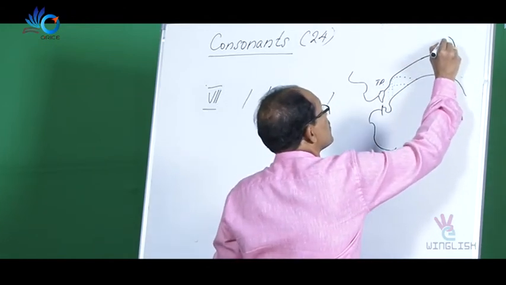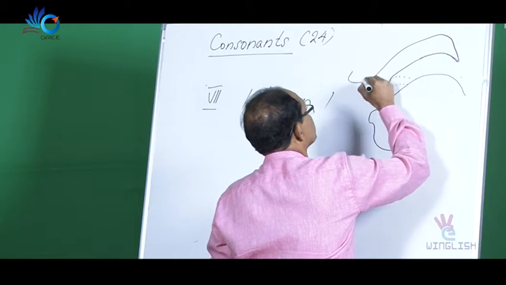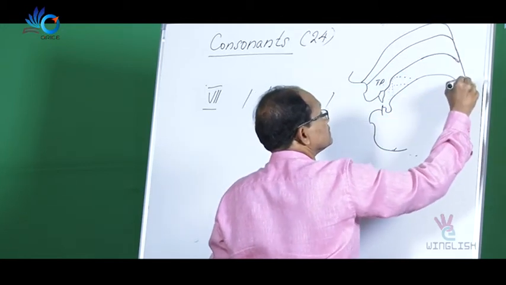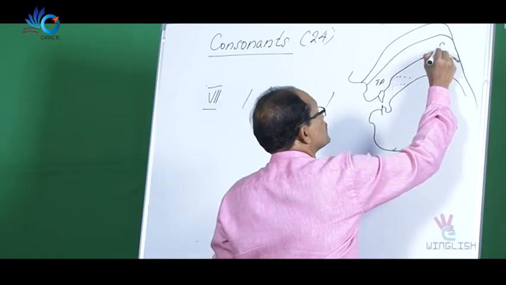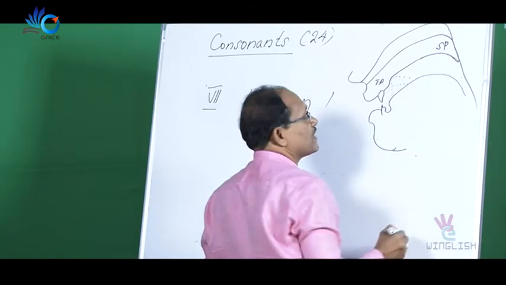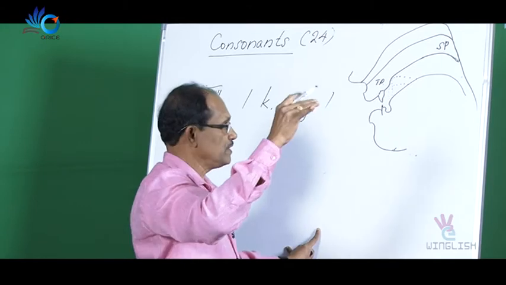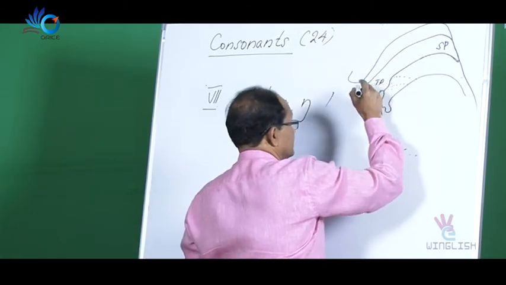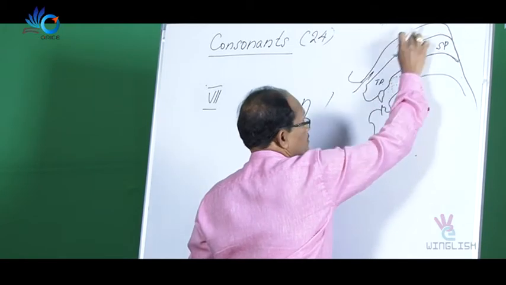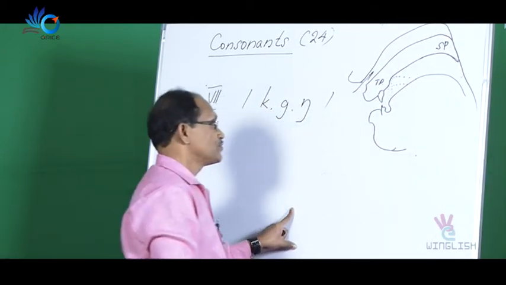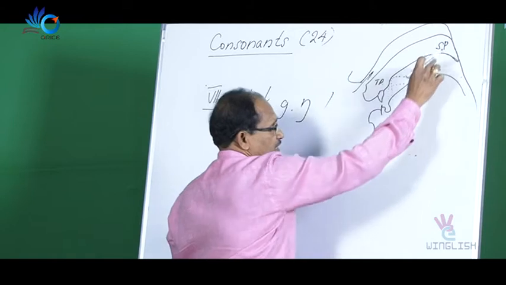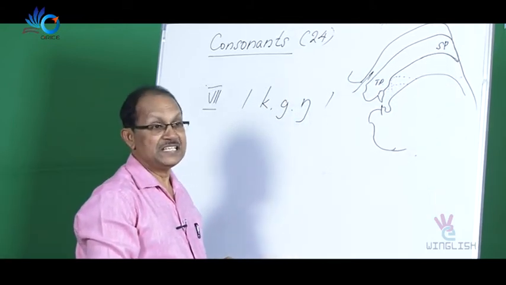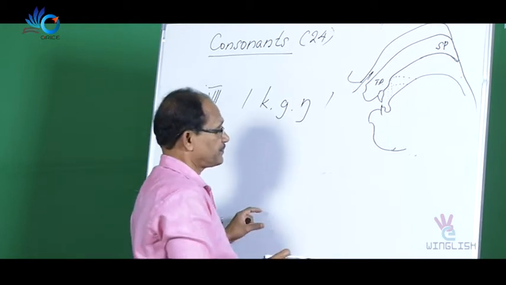You know, this is the soft palate, the flexible part which can be lowered or raised, and when we lower it, the nasal passage will be open. This is called the soft palate or velum, V-E-L-U-M, velum.